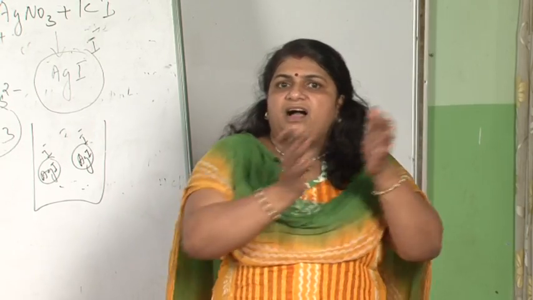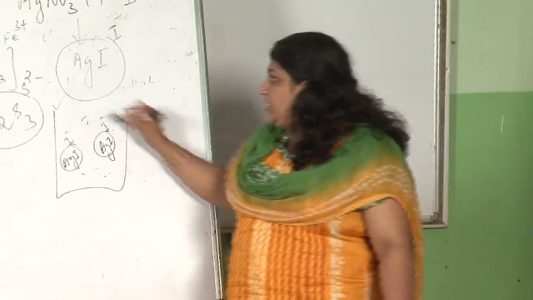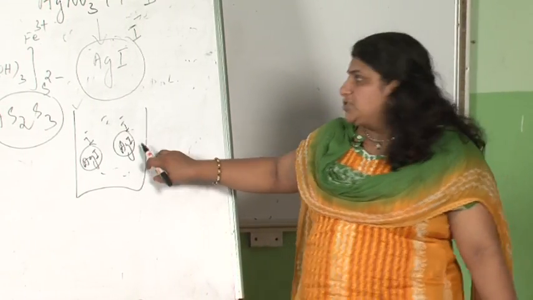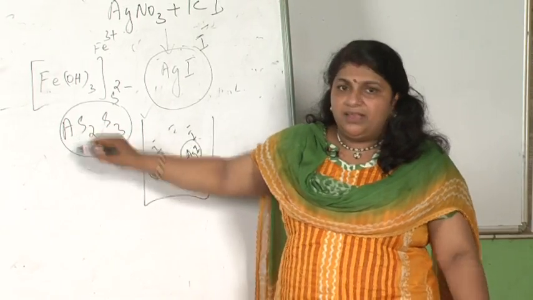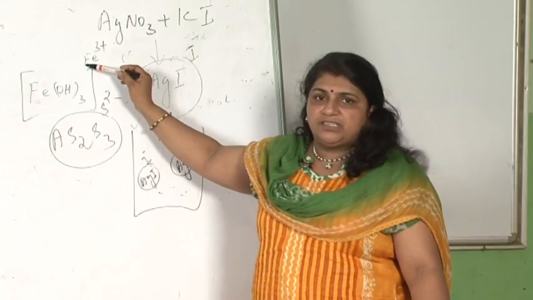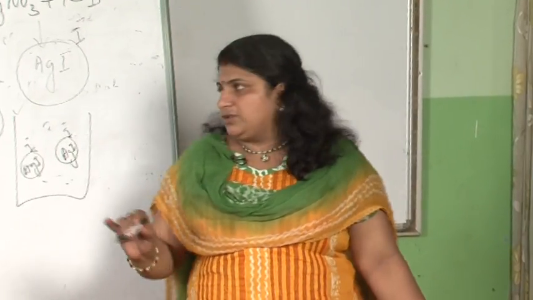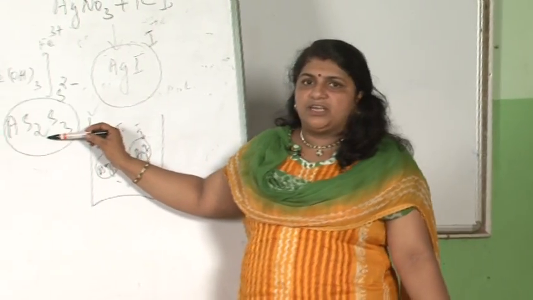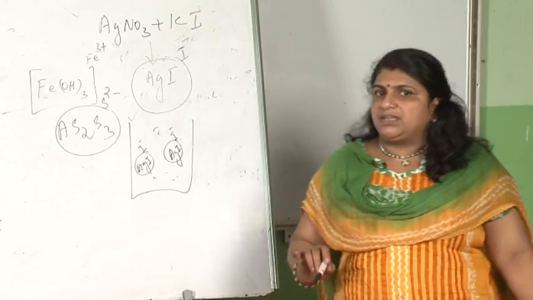It is not that half is positive and half is negative. The entire vessel will have only one particular charge. So, this is an example of a positive sol, this is an example of a negative sol. These are all very important questions. Why does this have a positive charge? The answer is due to the preferential adsorption of Fe3 plus ions. Why does it have a negative charge? The answer is because of the preferential adsorption of S2 minus ions.